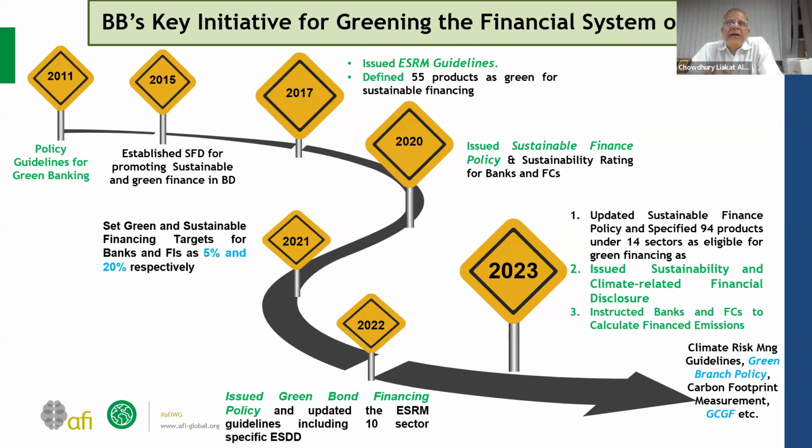And our next steps are to develop the climate risk management guidelines, green balance policy, the carbon footprint measurement policy, as well as the green credit guarantee scheme. Next slide, please.